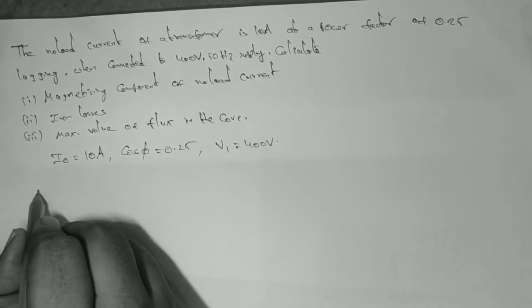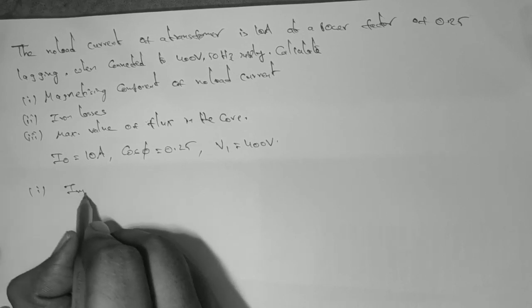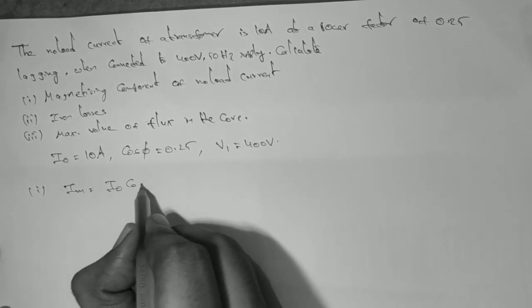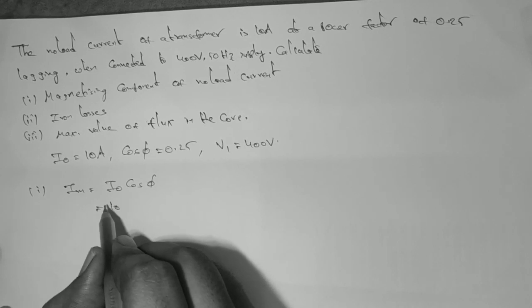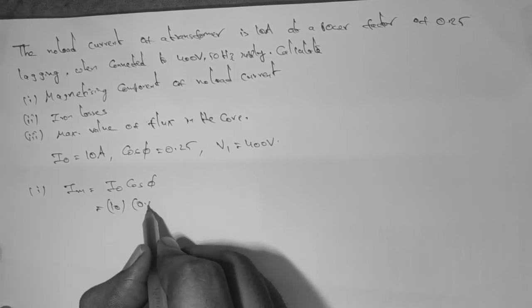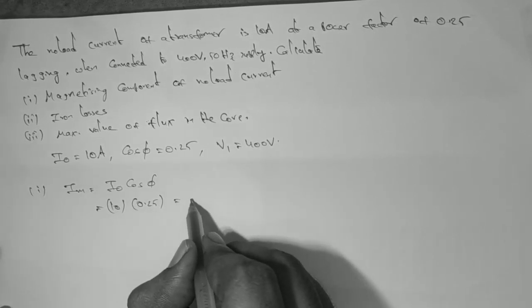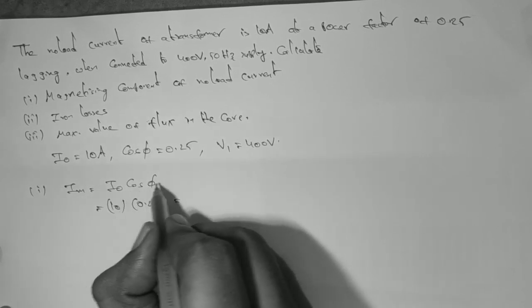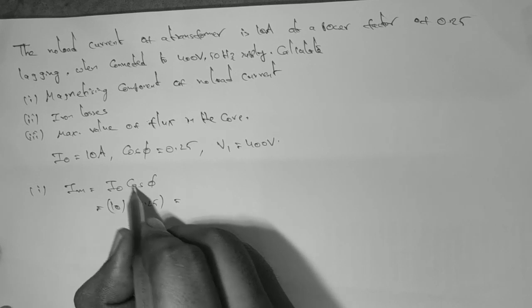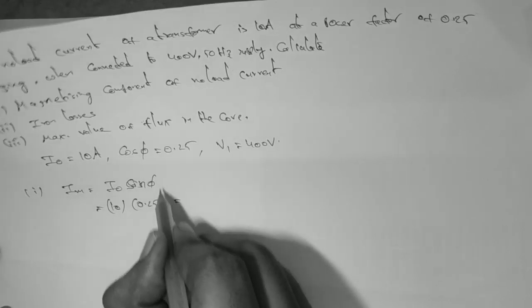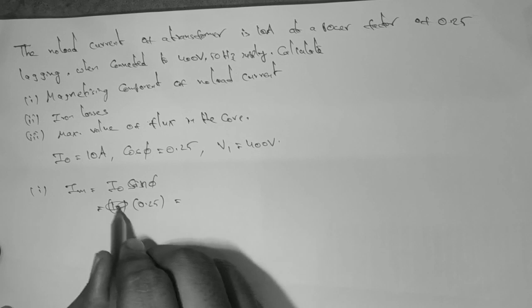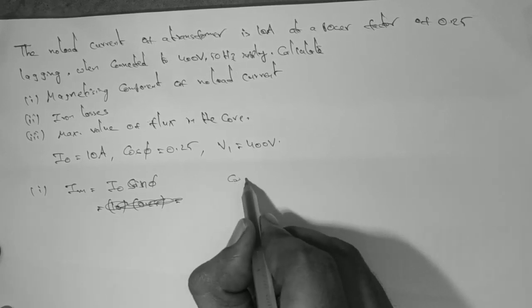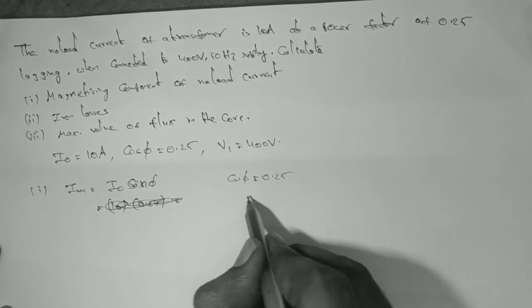Magnetizing component Im is nothing but I0 sin phi. I0 is the no load current, and sin phi we first have to derive. It is Im means sin phi only, not cos phi. So in order to find sin phi, cos phi value is given as 0.25. Then you have to find the phi value and convert into sin phi.